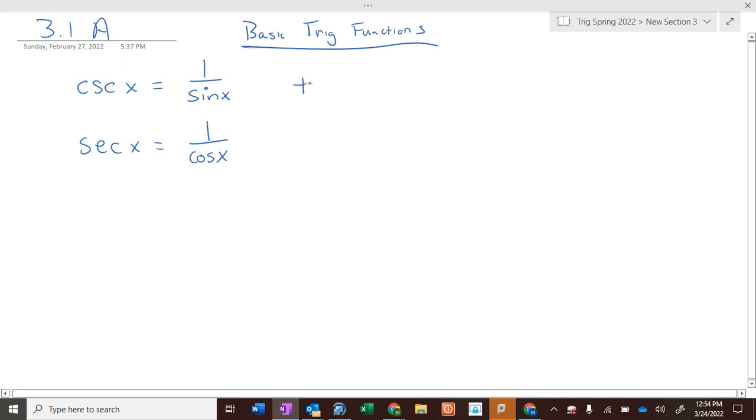The tangent of x is equal to 1 over the cotangent of x. So what would the cotangent of x equal? 1 over tangent of x. In addition to that, the tangent of x is equal to the sine of x over the cosine of x.